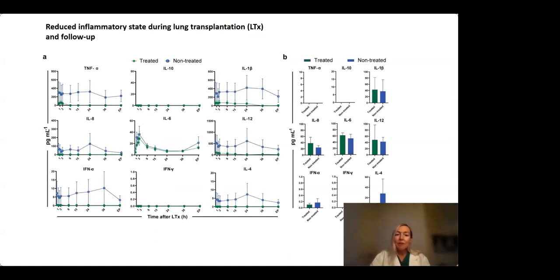If we look at the cytokines in plasma and in bile fluid post-transplantation, we can see generally lower levels of cytokines post-transplantation, and that implies a reduction of inflammatory state during lung transplantation and follow-up in the treated animals compared to the non-treated animals. The same pattern regarding the cytokines was also seen in the bile fluid, but there were no significant differences here between the animals.